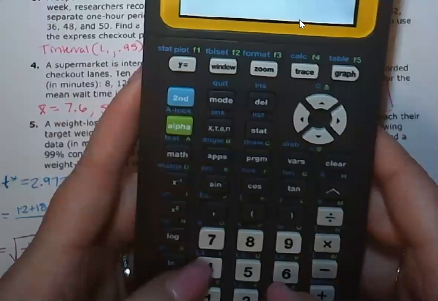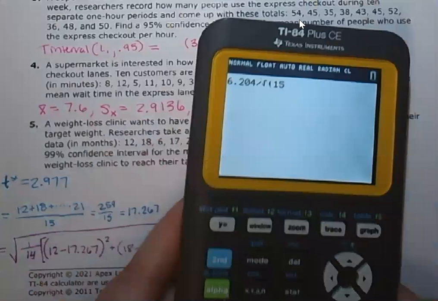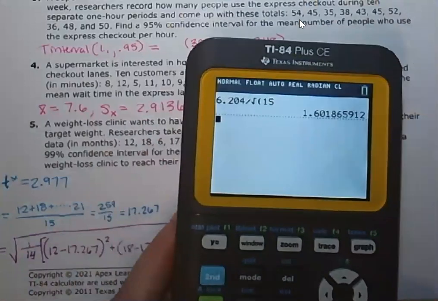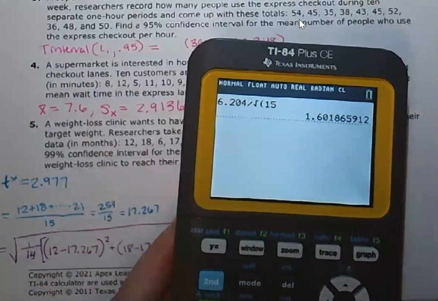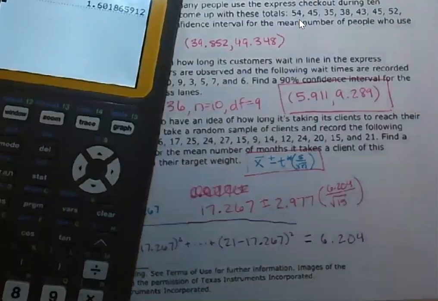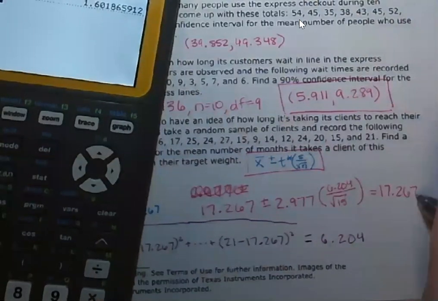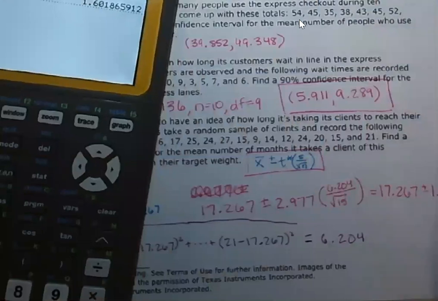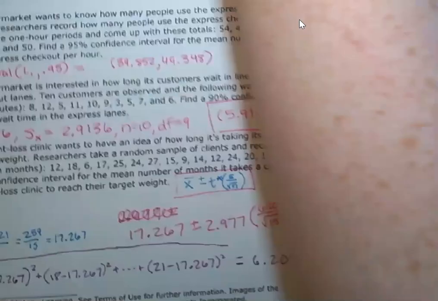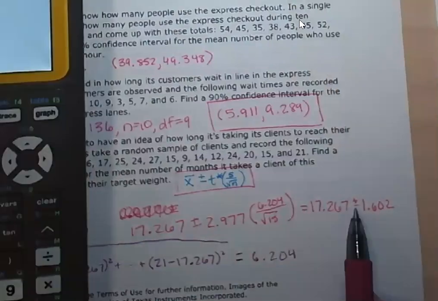So 6.204 divided by the square root of 15 is 1.6018. That's our margin of error. And then I'll subtract to get my lower bound, add to get my upper bound.